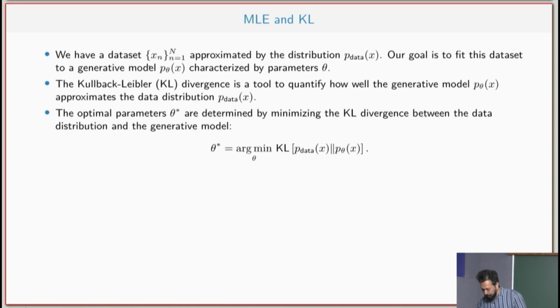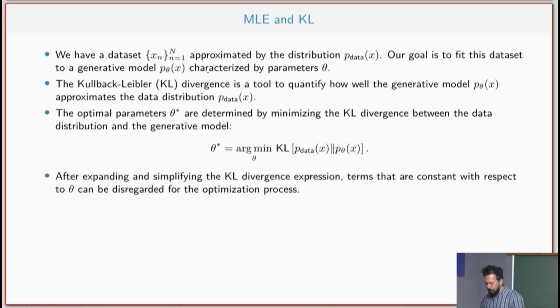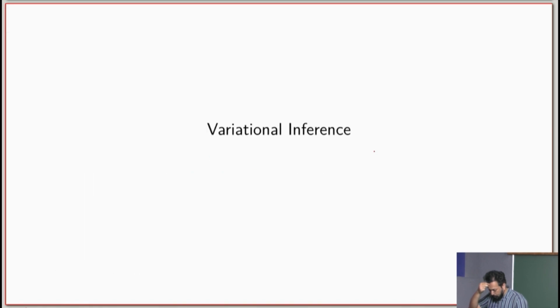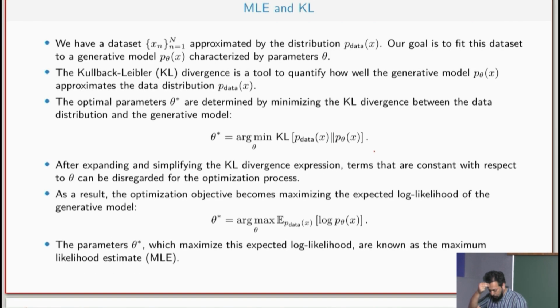If we have a data set x_1 to x_n approximated by the distribution p_data, our goal is to fit this data set to p_theta(x). One possibility we have seen was the maximum likelihood estimate, and we have shown that this is indeed equivalent to minimization of the KL divergence. I guess there is no doubt here. I think we have done this before.